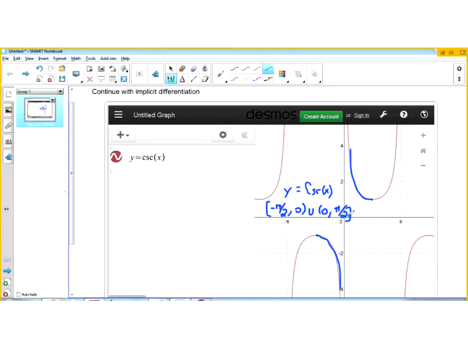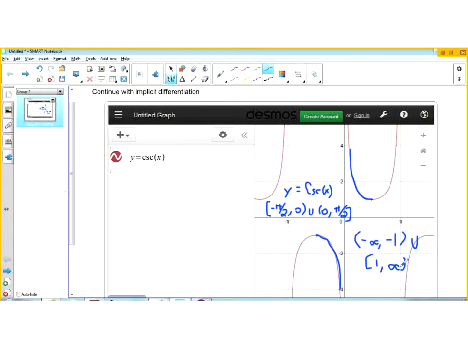So this will be the domain of the principal part. And then your range, you can see it ranges from, the range would be what? Negative infinity up to -1, union 1, well, we include 1 because 1 is in the range, so it would be union 1 to infinity.